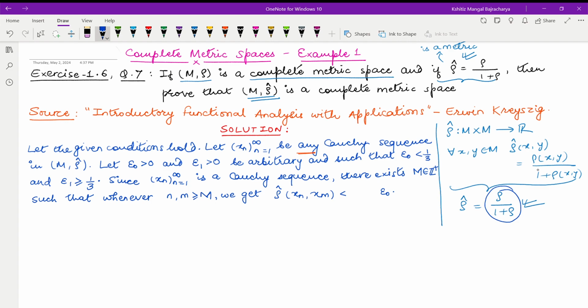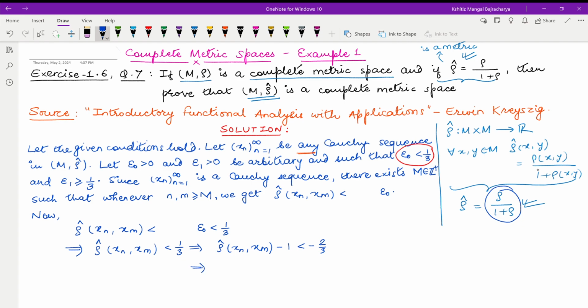Now we've taken epsilon naught to be less than 1 over 3, right? So we're going to make some calculations now. ρ'(xn, xm) less than epsilon naught means it's less than 1 by 3 already. So if we subtract 1, we're going to get minus 2 over 3.